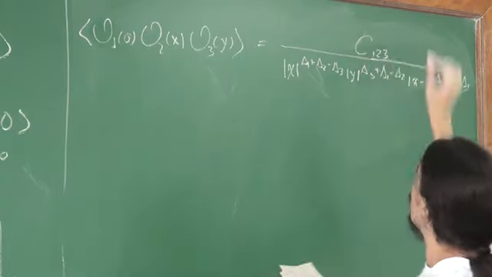This is what we found the 3-point function should be for scalar operators. We have the functional form fixed like this. I just took one of them at the origin to simplify the structure a little bit. And there is a structure constant that was not fixed by conformal symmetry. It is a constant; you just don't know what it is. And 1 through 3 is just labeling operator 1, operator 2, and operator 3.